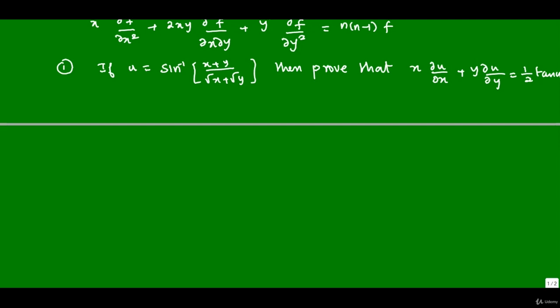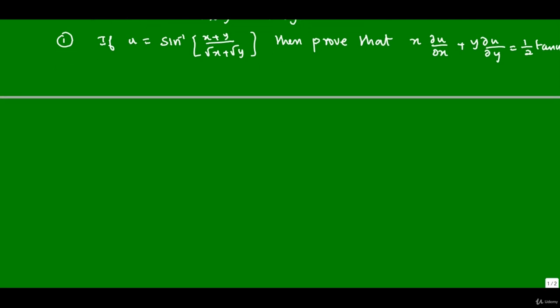Now the given function u is in terms of two variables. So you write the given function as u equals sine inverse of x plus y by root x plus root y.